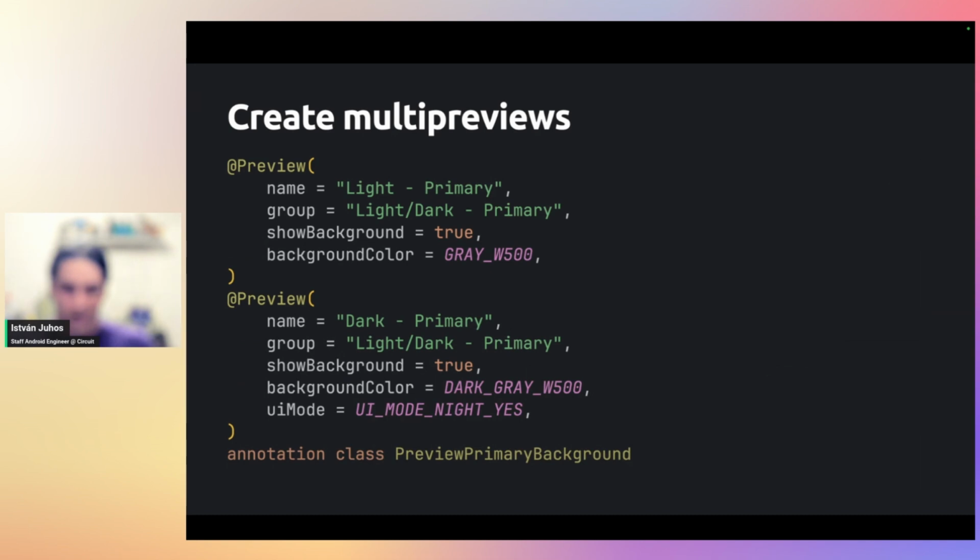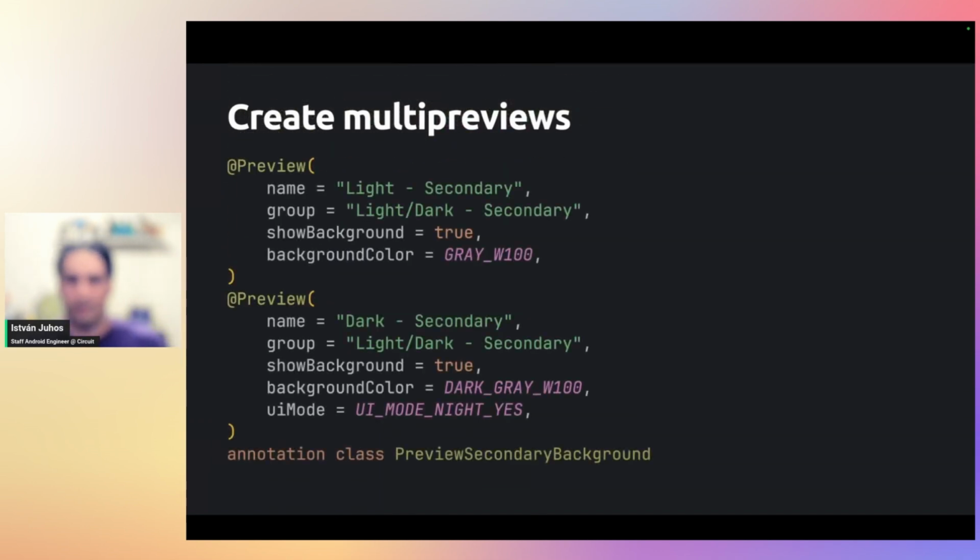Okay, what we can do is we can separate these previews. So these are the light dark primary previews, and we can add these previews onto another annotation class, which we can call any way we want. But in this example, it's preview primary background. That means primary dark and primary light. Why not? Whatever we like to do in our projects.